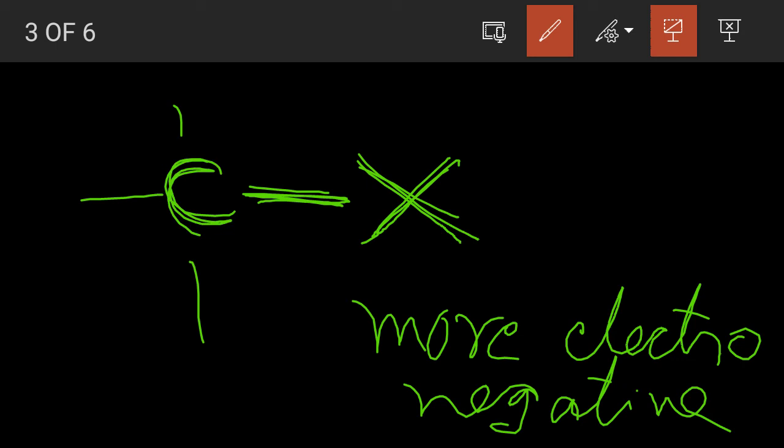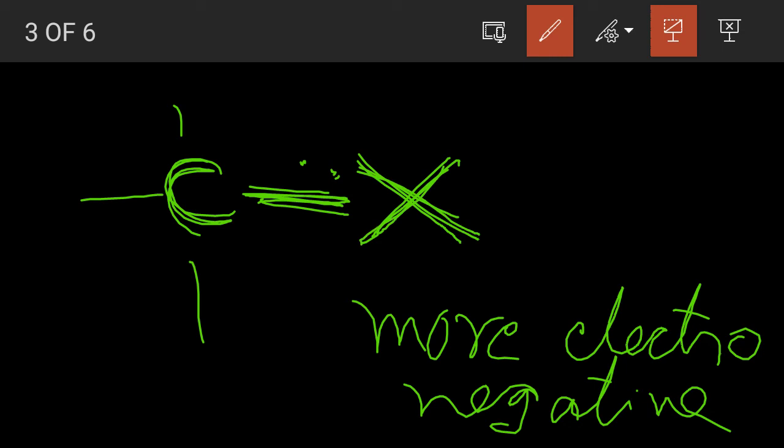The bond between the carbon and halogen is formed by two electrons, and these two electrons are slightly shifted towards the halogen atom because of its greater electronegativity.